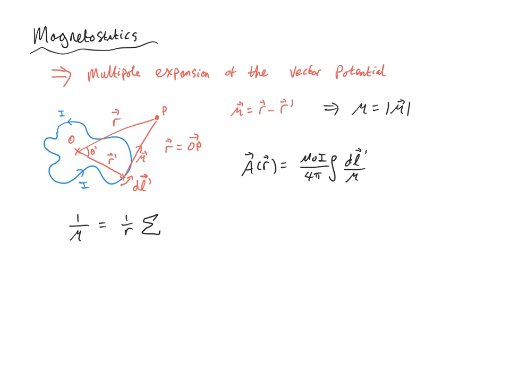We have a sum over n, where n starts from 0 and goes up to infinity, so this is really an infinite summation. But it is not as bad as it looks, because the information is organized in powers of 1 over r. It involves these Legendre polynomials.